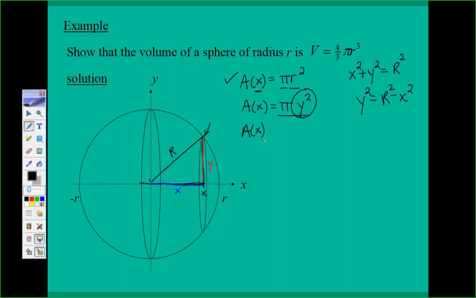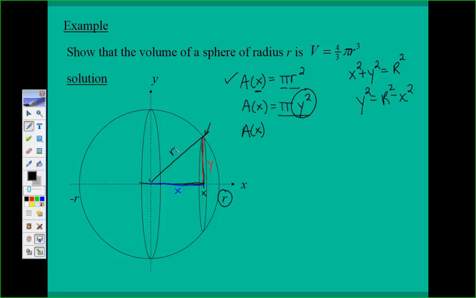The area as a function of x now we can find. I'm just looking at our diagram. I do see that the radius of our sphere is labeled as lowercase r. So to keep consistent, I am going to label this lowercase r because our diagram was already labeled that way.